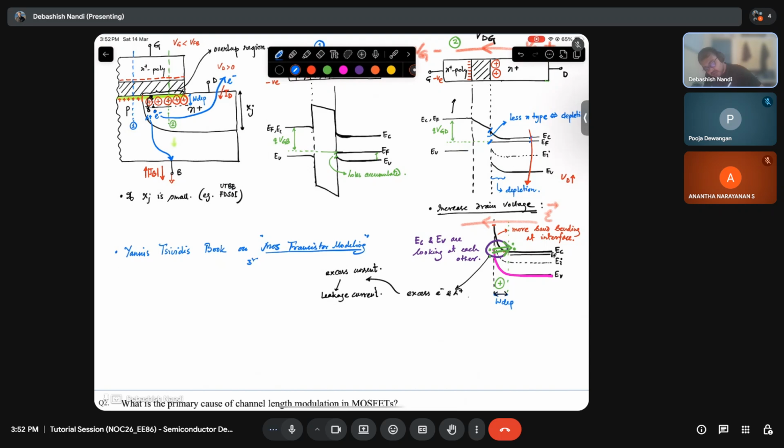Use the third edition. In chapter 5, you will have all these details on the short channel effects. It may not be this detailed, but you will get the idea, and you will have something to start around.